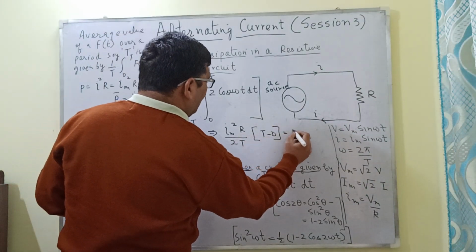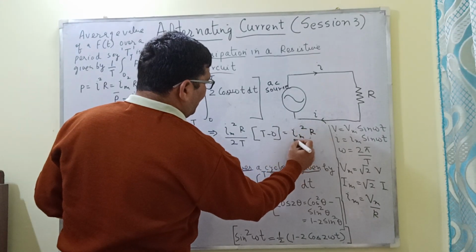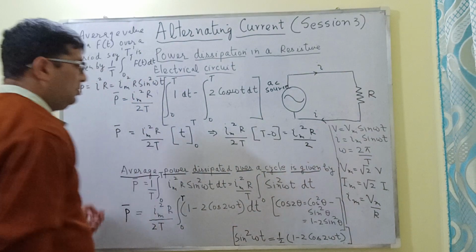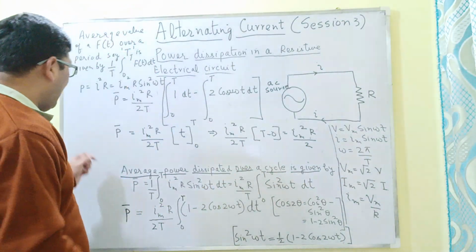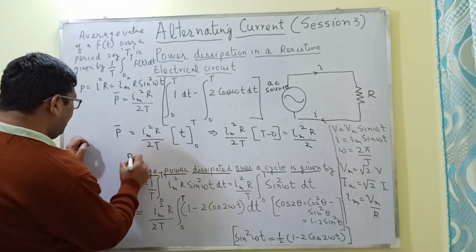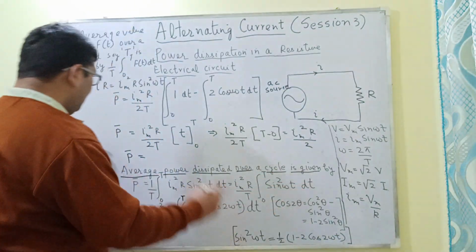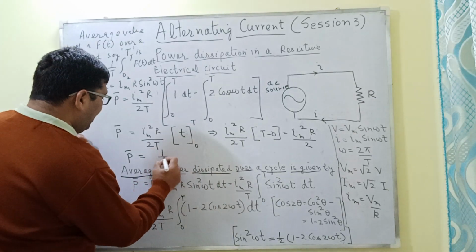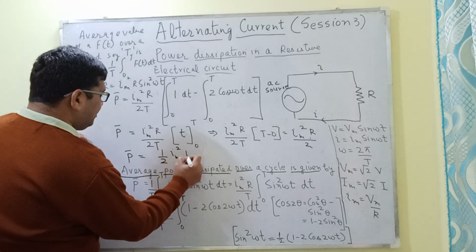So this is equal to I m square R upon 2, because this T will get cancelled out. So the average power which is dissipated over one complete cycle is equal to 1 by 2 I m square R.